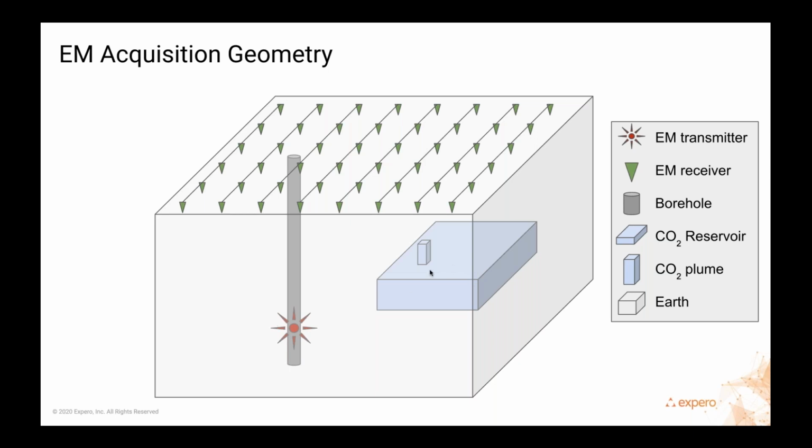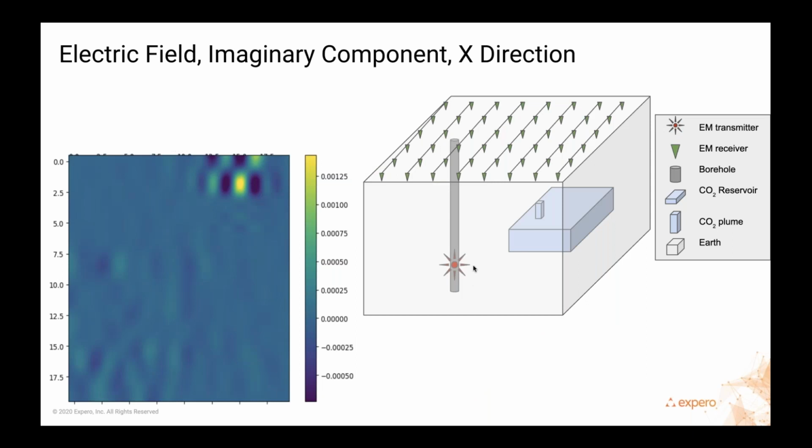through this subsurface Earth. What we're looking at in particular with one data type here is the electric field, and we want to measure that electric field in a few different ways. One is you need to measure the real and imaginary components, and you need to measure the X and Y directions and the Z direction.